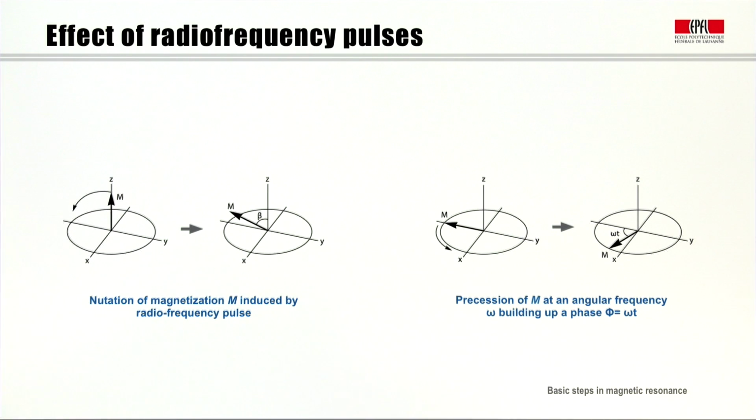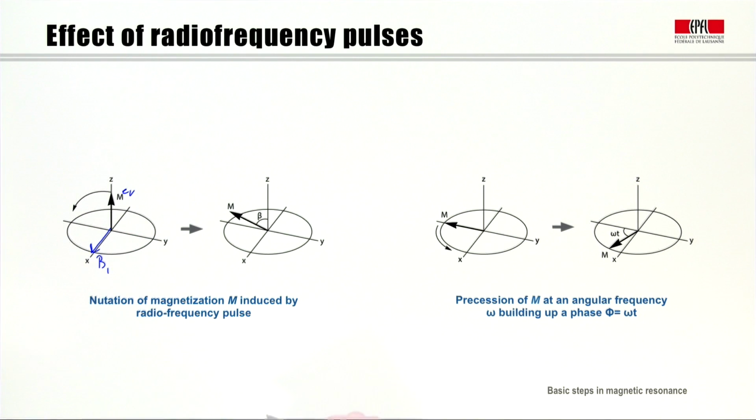Now, it is interesting to see what happens if we apply a radio frequency pulse. So this is the equilibrium position. And this shows what happens if we have a rotating frame where the B1 field, that is the static component of the oscillating electromagnetic field, is arranged so that it is parallel to the x-axis.